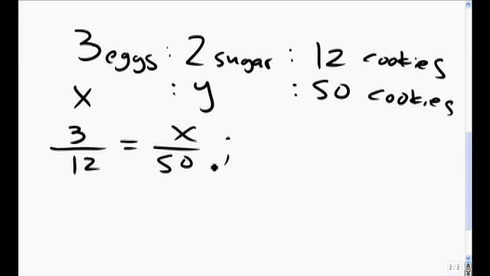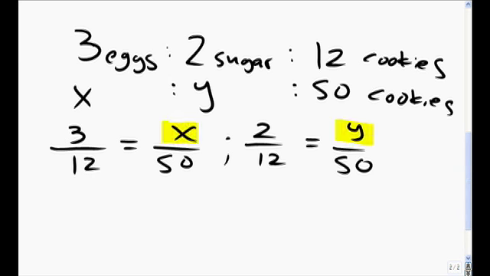A second proportion relates the 2 tablespoons of sugar to 12 cookies equal to the Y tablespoons of sugar to 50 cookies. We solve for X, solve for Y. We'll determine the amount of eggs required, the amount of sugar required for 50 cookies.